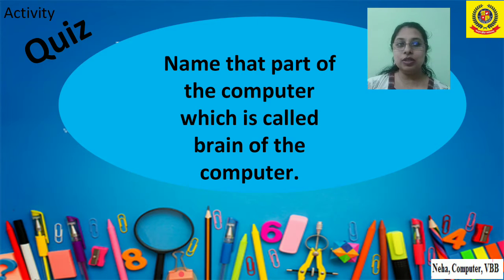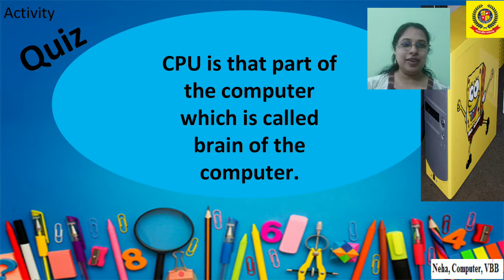Similarly, a computer system also has a brain. In which part of the computer is it? I hope that you have guessed it. Now let's see it. It is the CPU. Yes, CPU is the brain of the computer system.